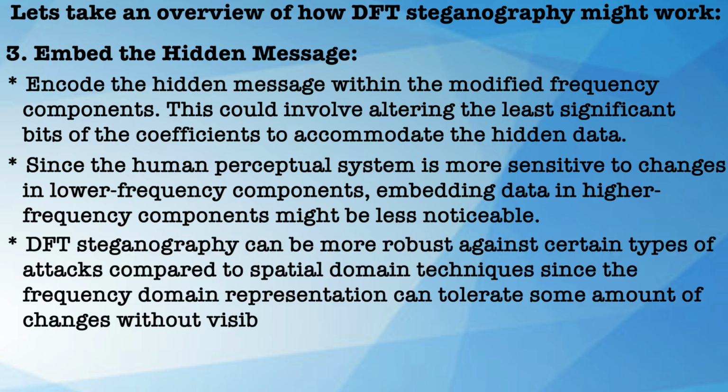DFT steganography can be more robust against certain types of attacks compared to spatial domain techniques, since the frequency domain representation can tolerate some amount of changes without visibly altering the cover object.